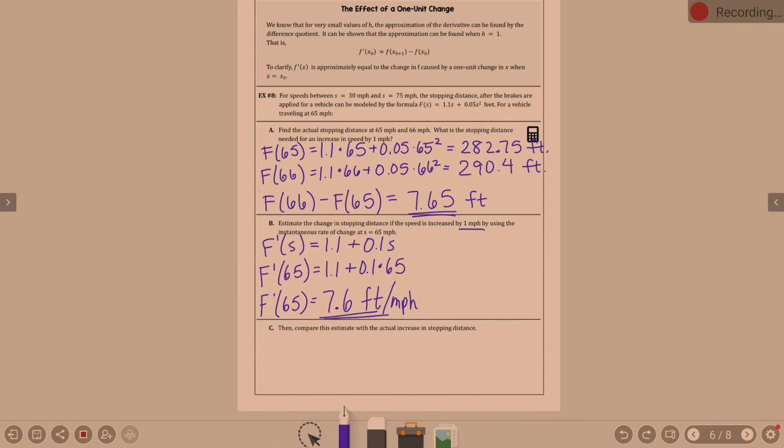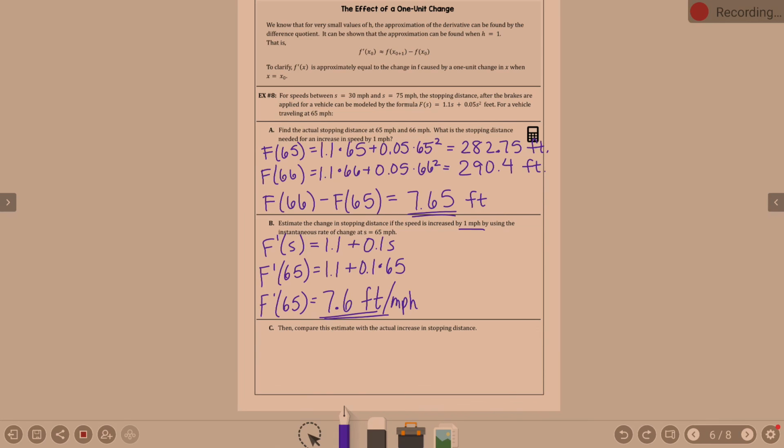Because isn't the actual stopping distance an over? Wait, no. The estimate is an underestimate when compared to the actual. Yeah, what I wrote down in my answers does not make sense here, though. My notation here is not making sense. I'm not sure what I was meaning to myself, or if I got distracted and didn't finish writing.